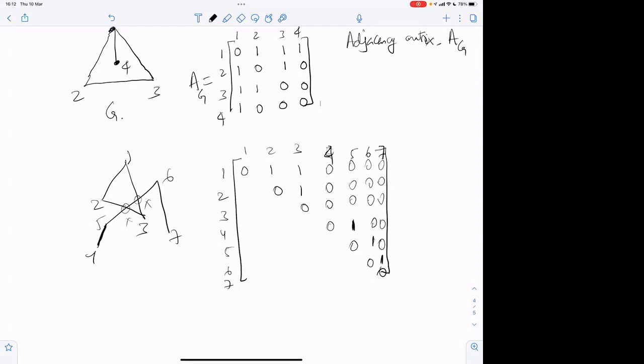But suppose we relabeled this matrix so that this was 4, this was 3, and this was 2.